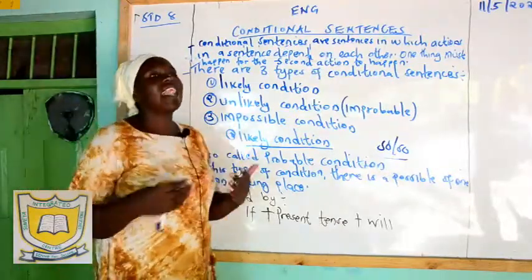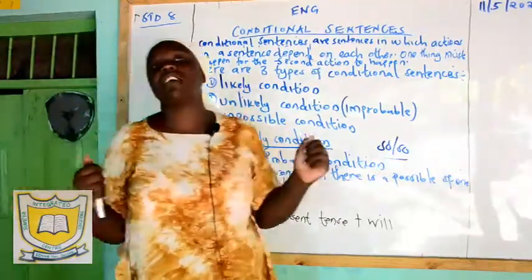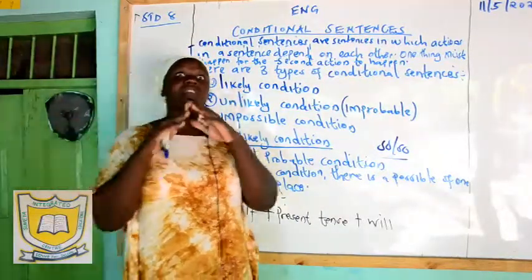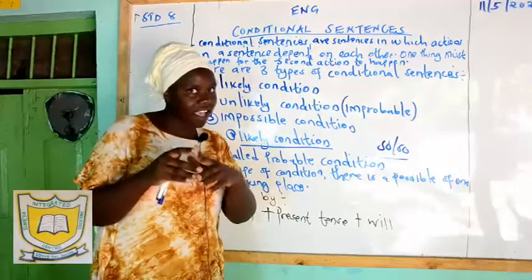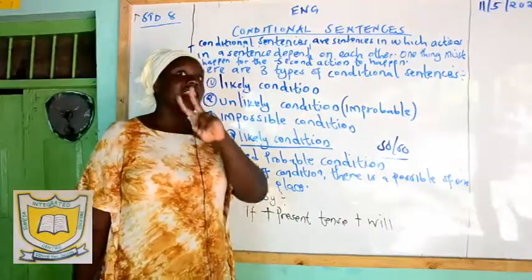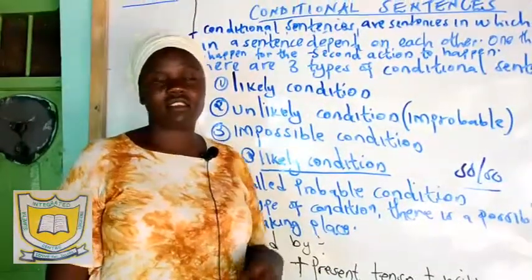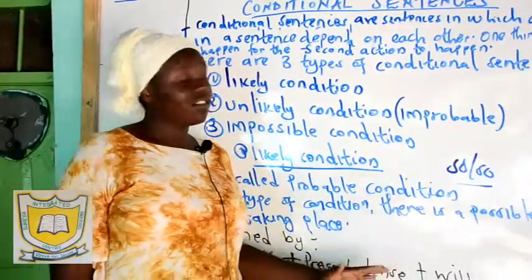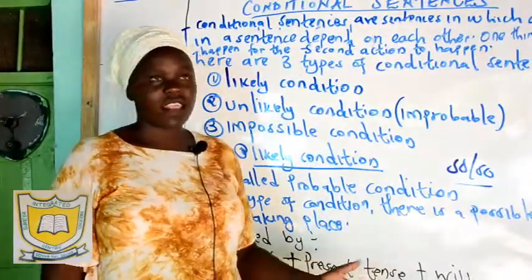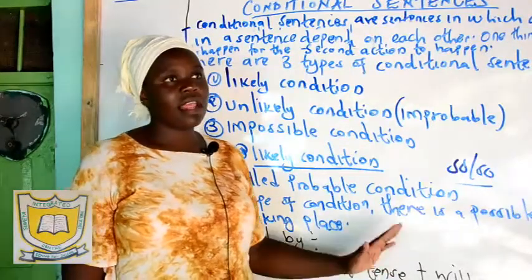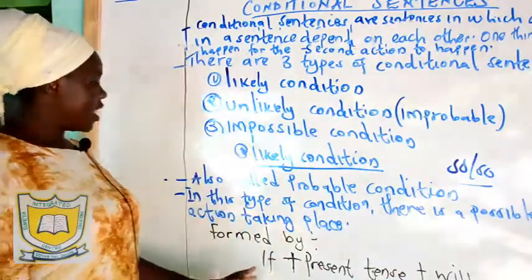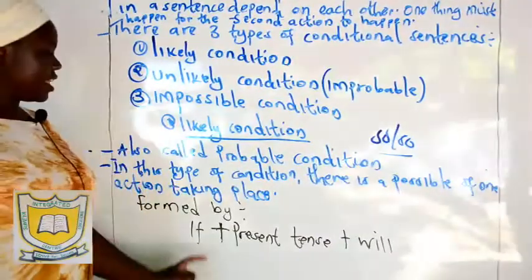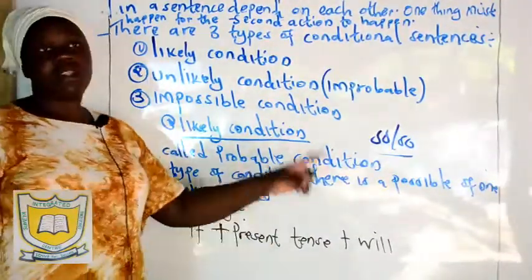The actions have not taken place, but there is a high possibility, a chance, that one of the two actions in the sentence is going to take place. We say these actions depend on each other. The likely condition is formed by if plus the present tense plus will.